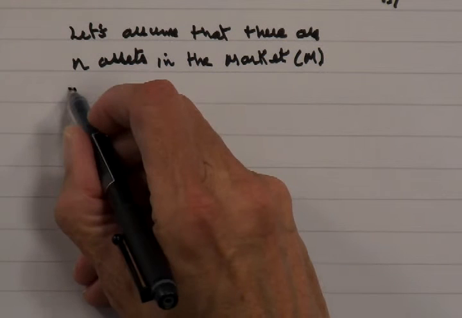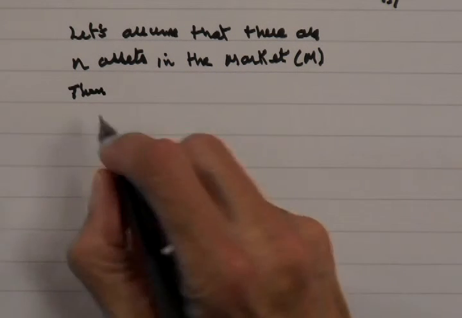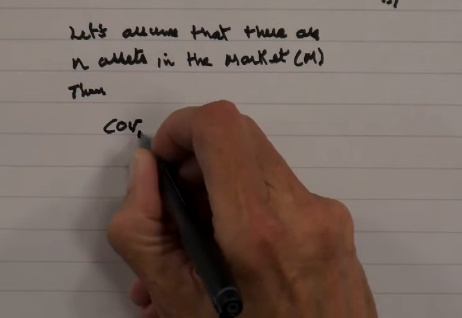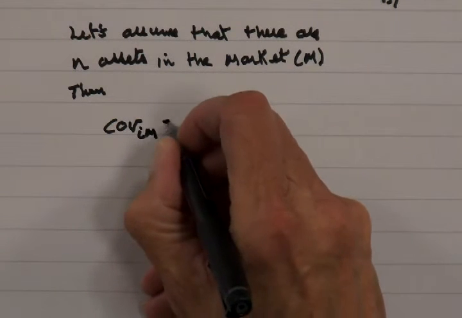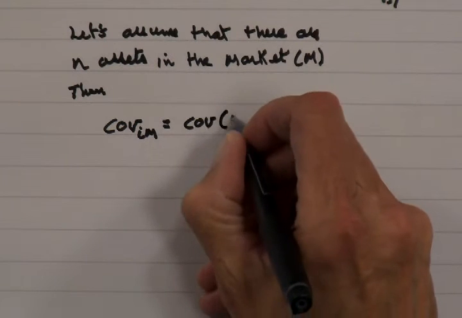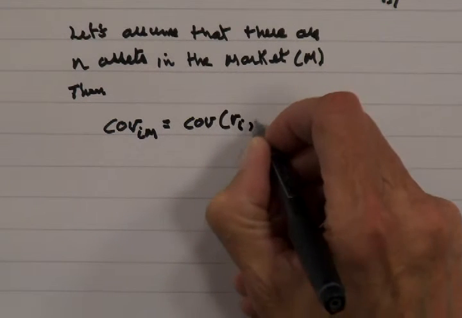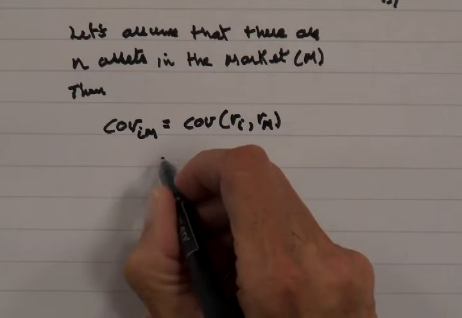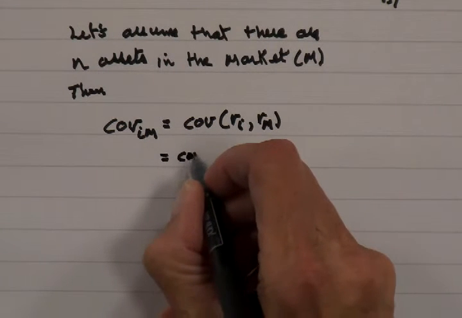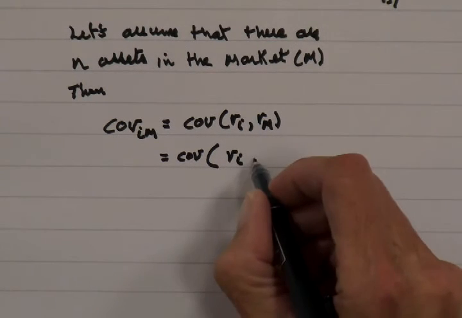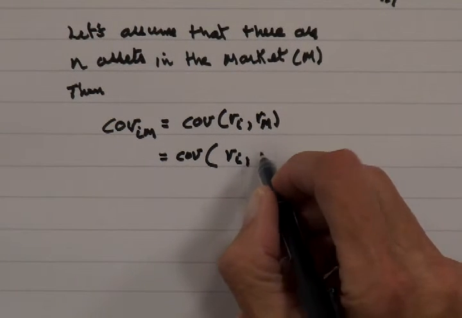Then, what do we have? The covariance of asset I with M is equal to the covariance of Ri, Rm. Okay. That equals the covariance of Ri, and let's look at the covariance of Rm.